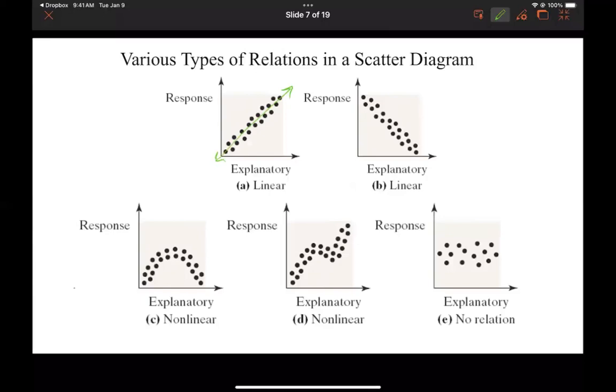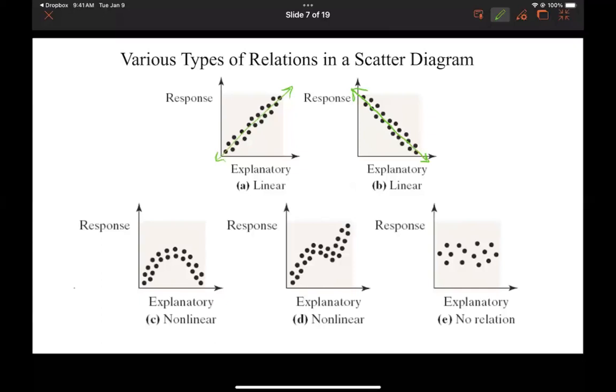If it has a negative slope, if it goes downhill, then this right here would also be linear, but it is negative because it has a negative slope. As my X values get bigger, my Y values get smaller.